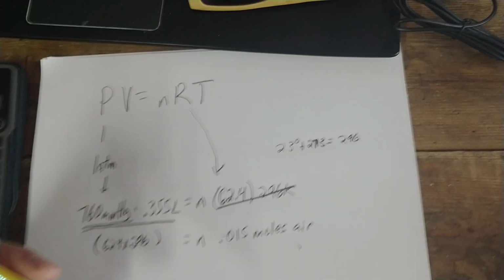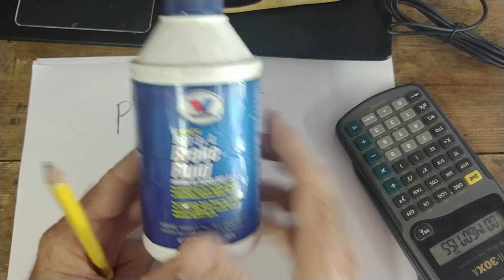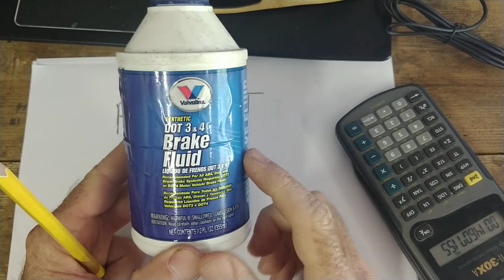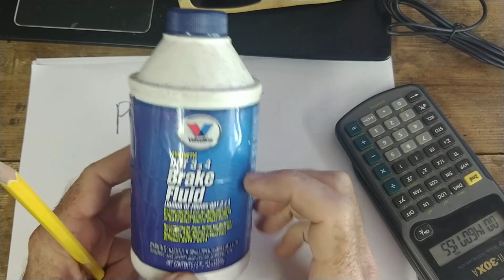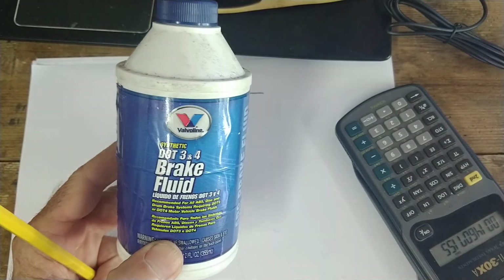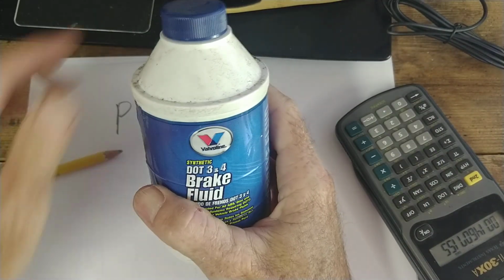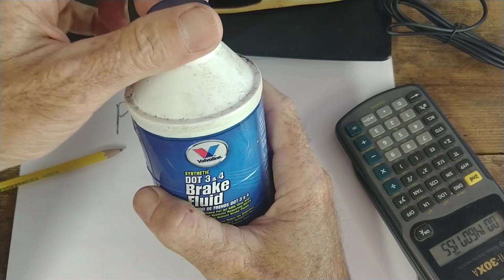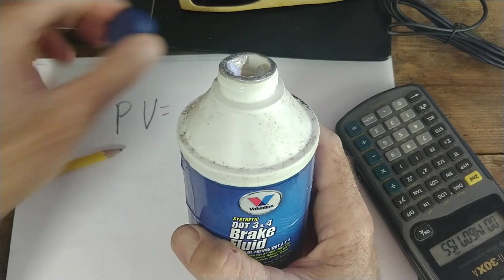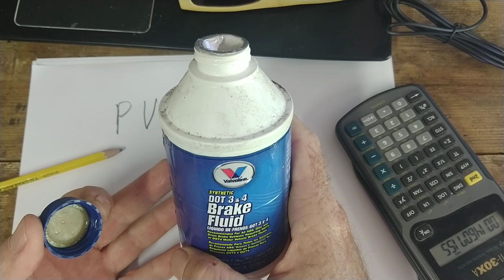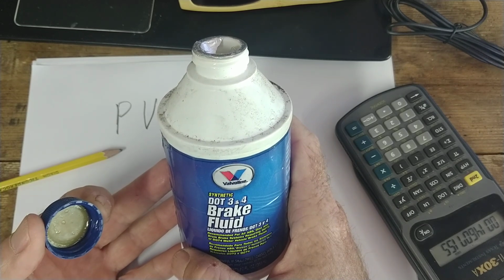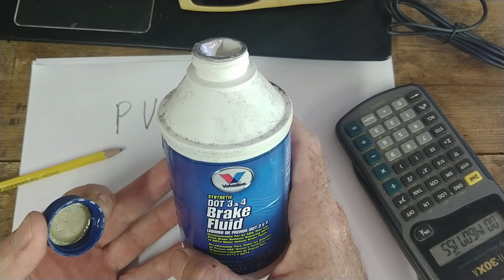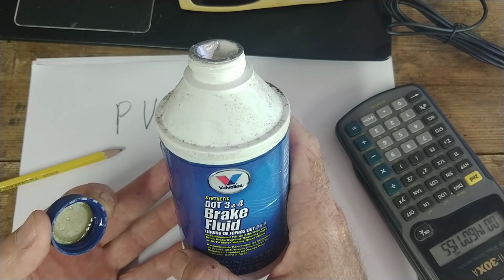Let's do one more. All right, here's the last problem. I've got my trusty empty can of brake fluid. I opened the cap here, and I'm at 1 atmosphere of pressure, or 760 millimeters of mercury, or 101.3 kilopascals.